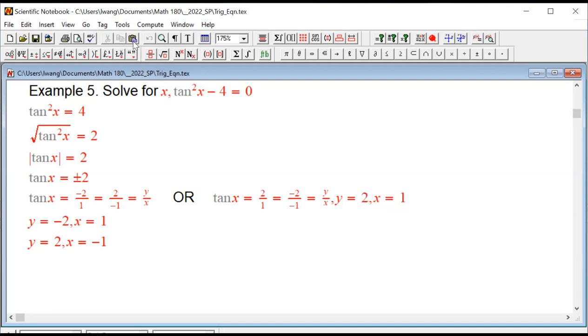You could have this case. You could also have the other case. You could have either case. What does that mean? We have 4 cases, 4 points in the 4 quadrants.